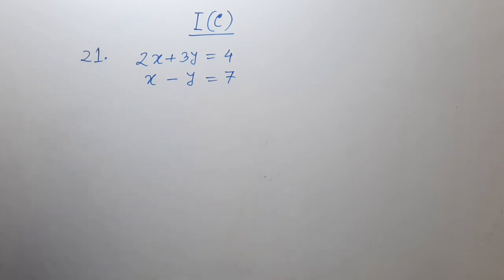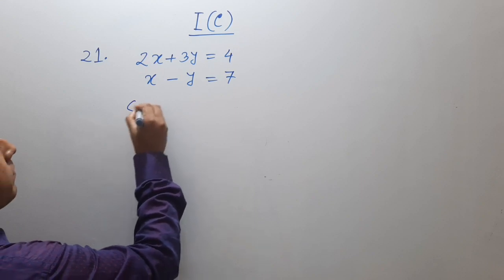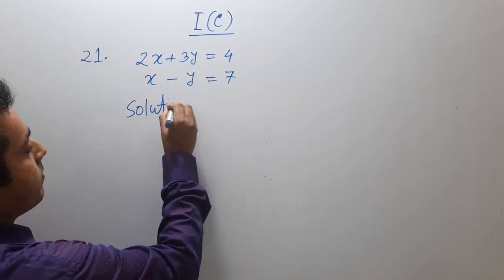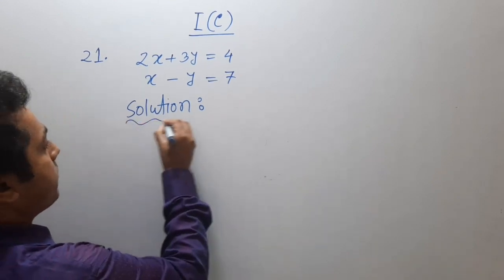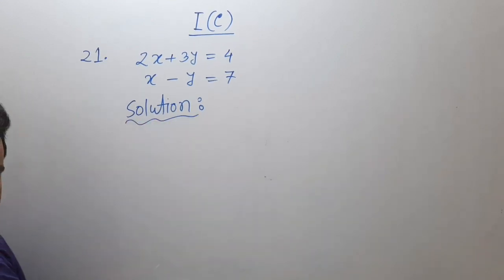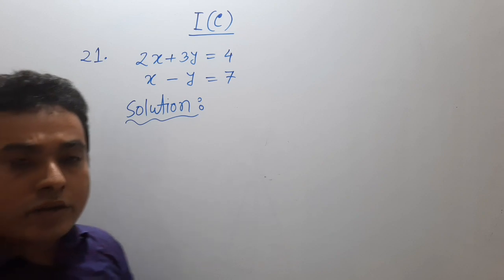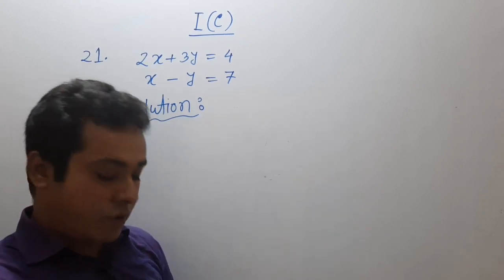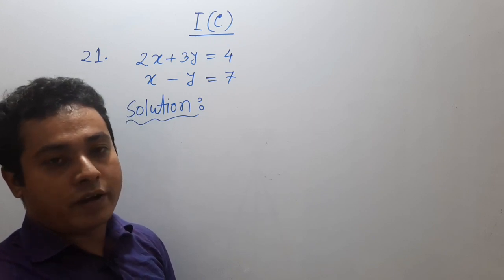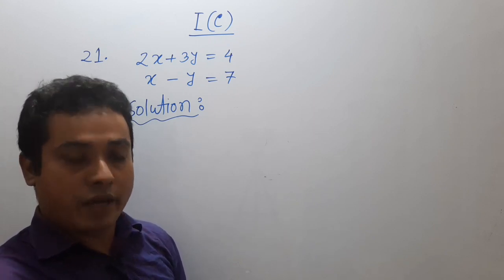Okay, so our solution of this equation. At first we want to create three determinants D, Dx and Dy. Then we want to find the values of x, y.